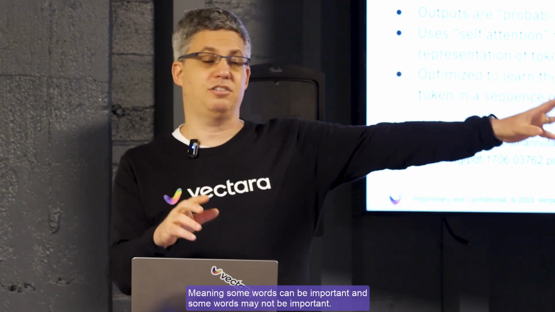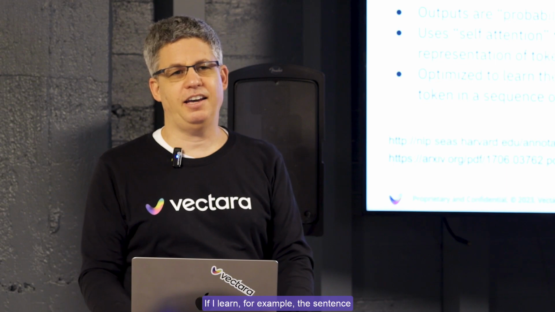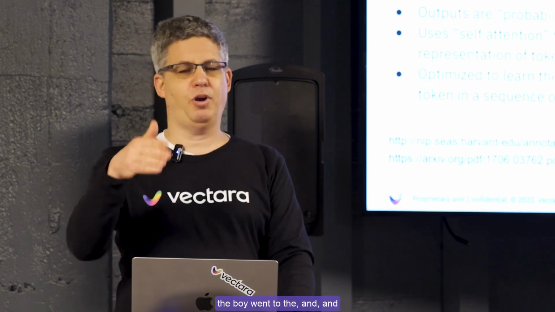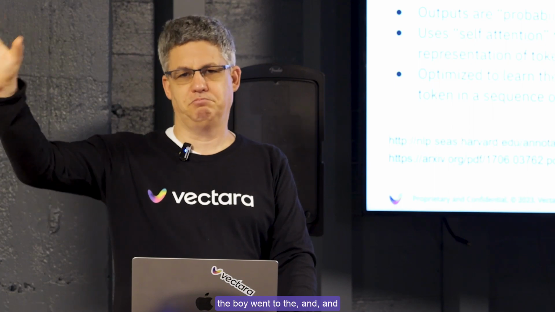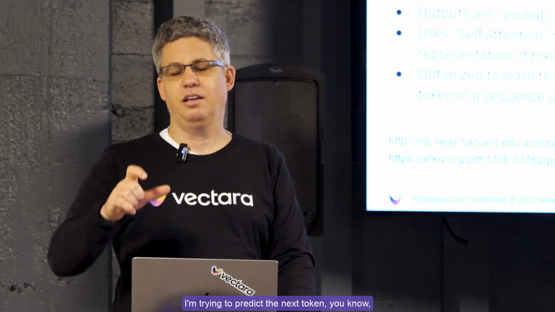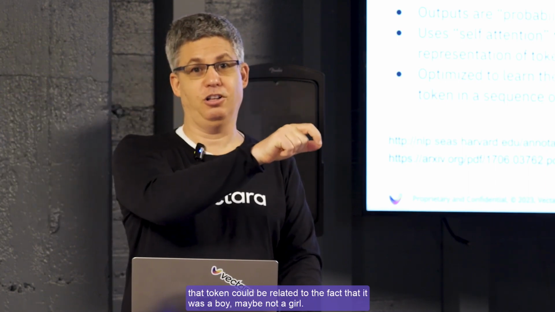Meaning some words can be important and some words may not be important. If I learn, for example, the sentence, the boy went to the, and I'm trying to predict the next token, that token could be related to the fact that it was a boy, maybe not a girl.